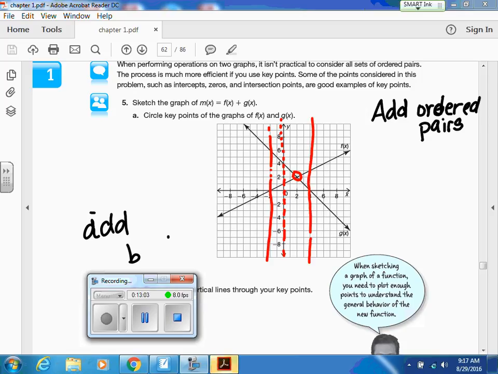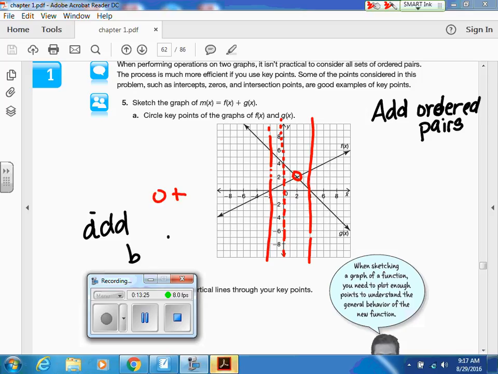Okay. Use those outputs. Which one's the output? The y. Use those outputs and add those together. Okay, the x's are the same. The x's need to be the same because that's where you're at the same point. Well, when I put negative 2 into this problem, I get 0.